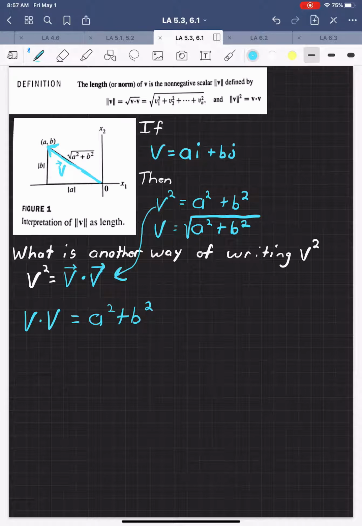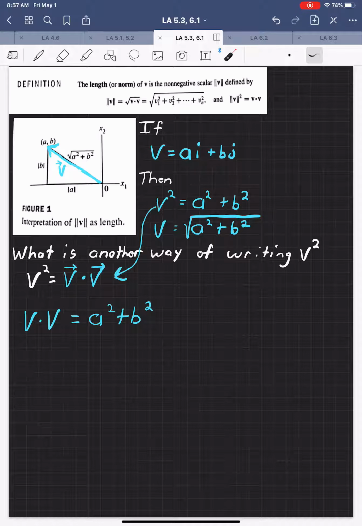So now you're at least starting to see the relationship of how we can say the length or the magnitude of some vector v is equal to the square root of vector v dot itself, which is equal to the square root of, in this case, they used v sub 1, v sub 2, instead of the a's and the b's, but you kind of get the gist.